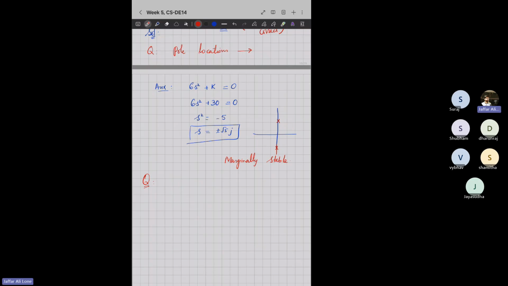Okay. Now let me make it more complex. I'll ask you a question this way. At the value of k where the system is marginally stable, no, not this.